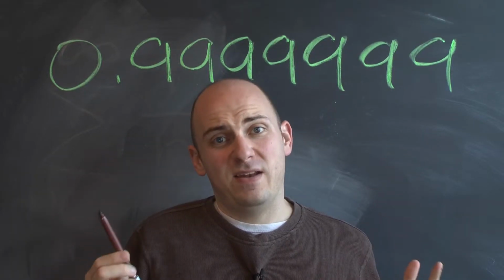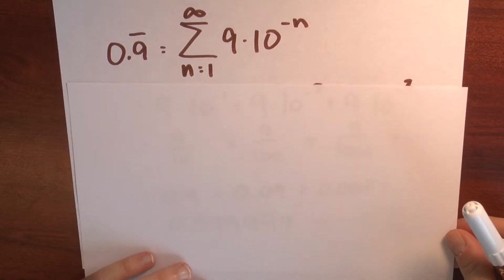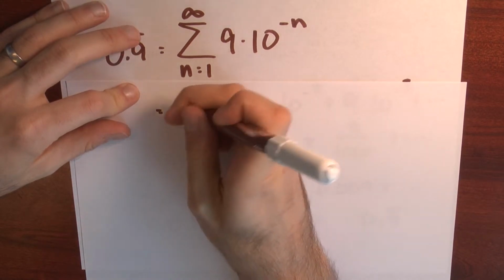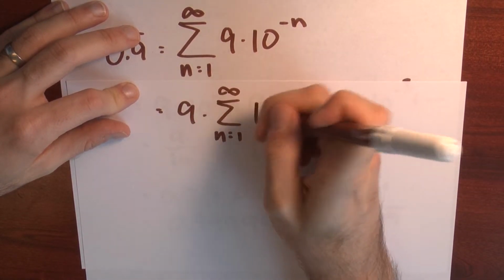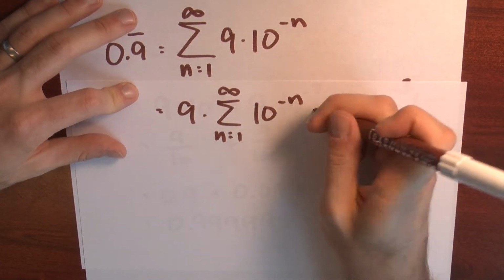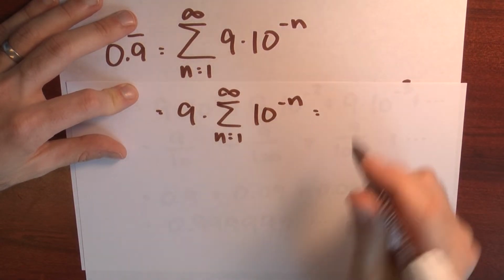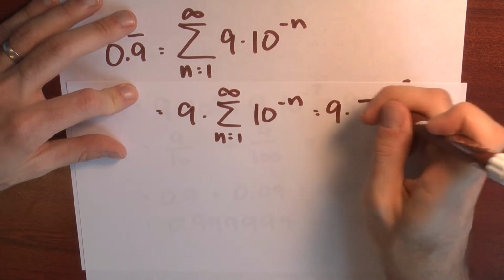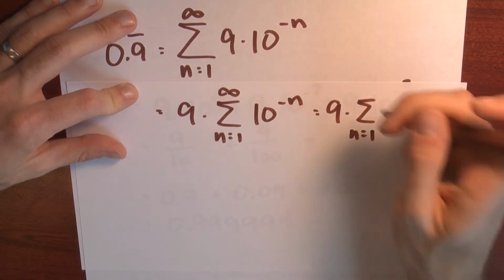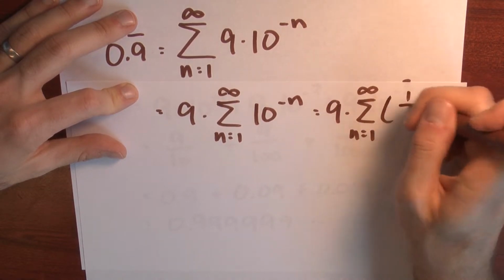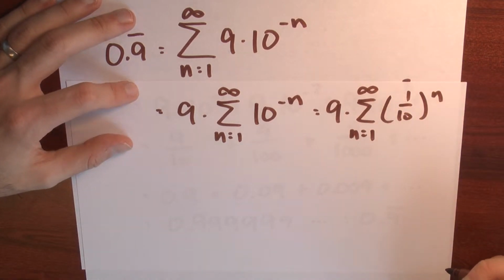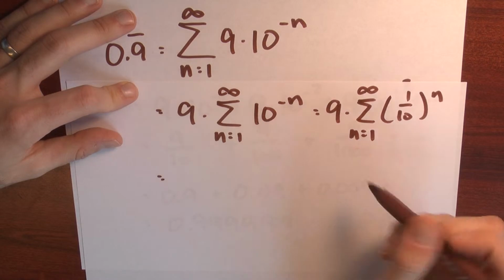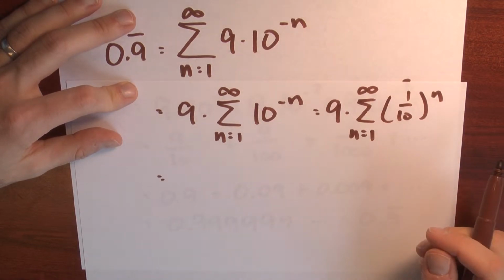We can evaluate that series. This series is 9 times the sum n equals 1 to infinity of 10 to the minus n. And I can make that look even more like a geometric series. It's 9 times the sum, n goes from 1 to infinity, of 1/10 to the nth power. Now, how do I evaluate that? I've got a formula for summing an infinite series like that.